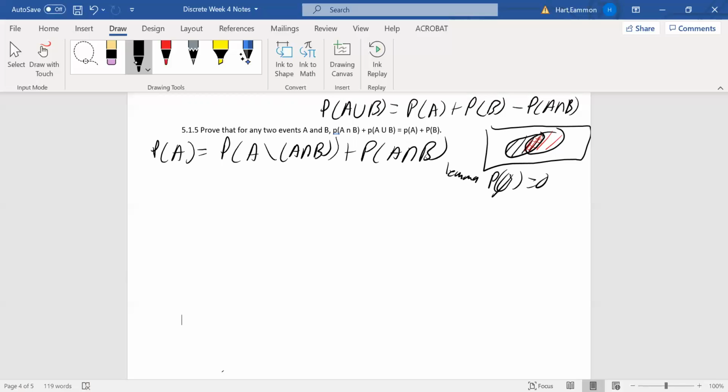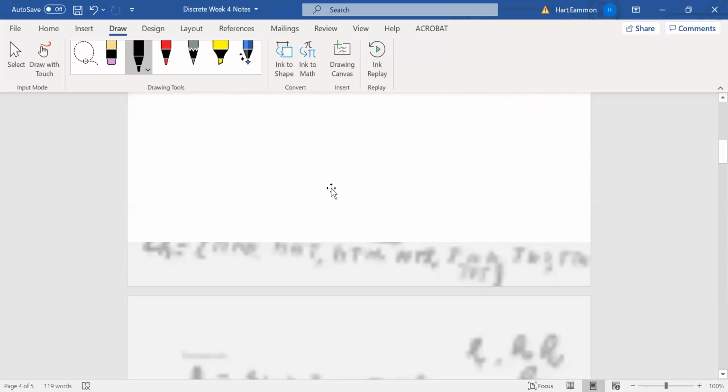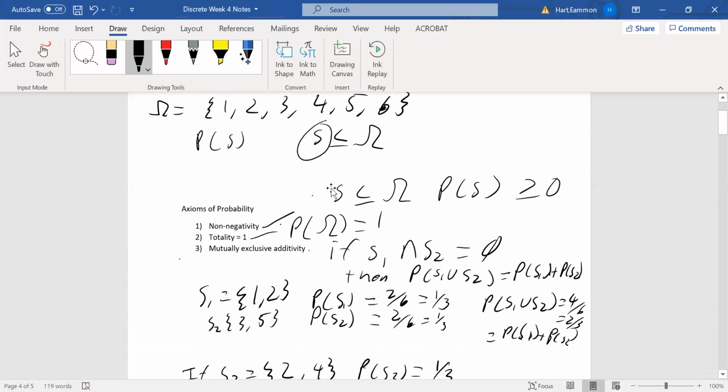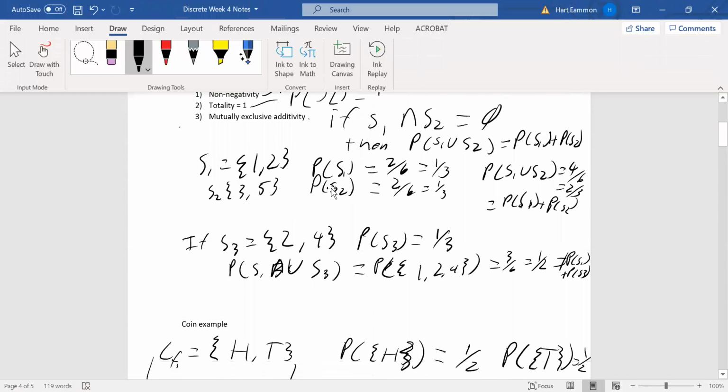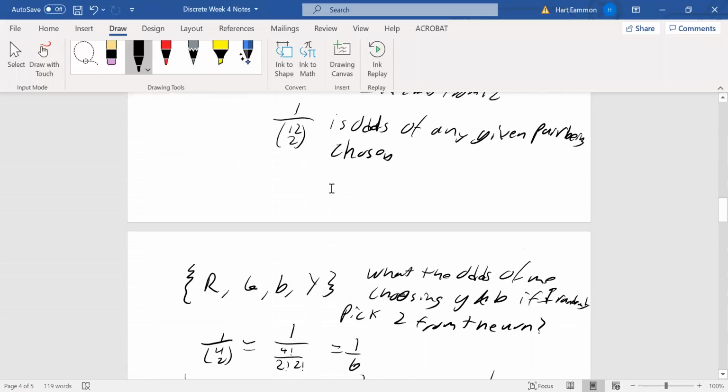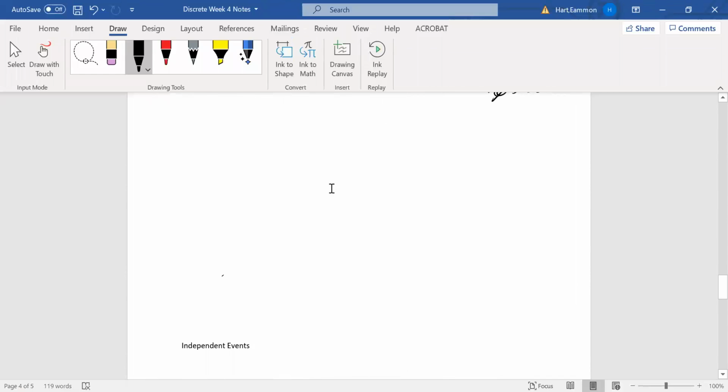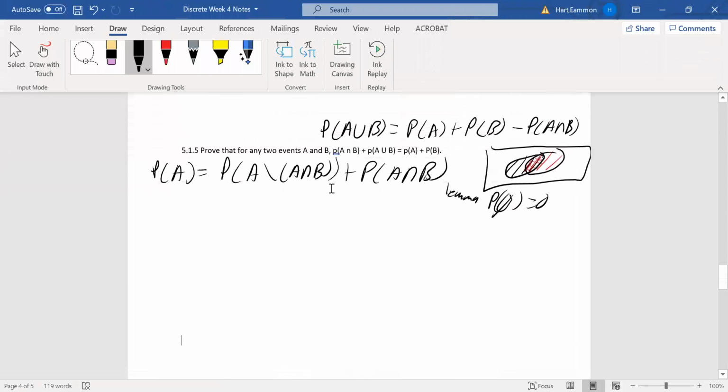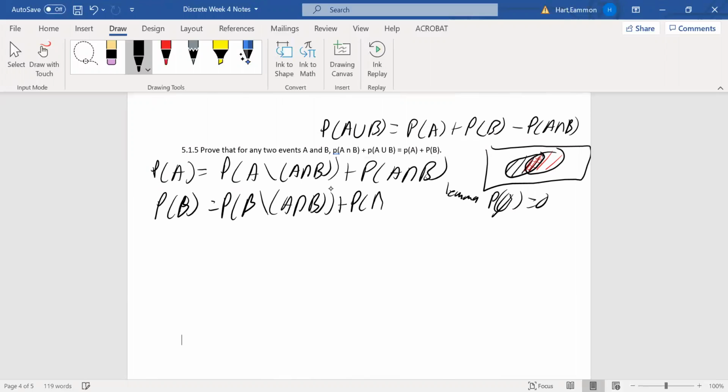The probability of B is going to look more or less the same, plus the probability of A intersect B.